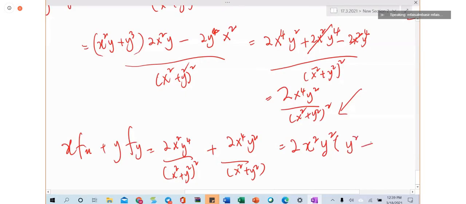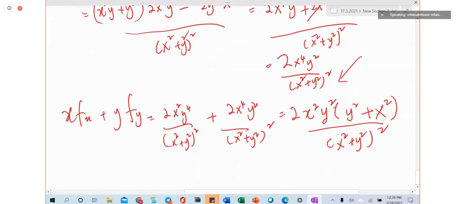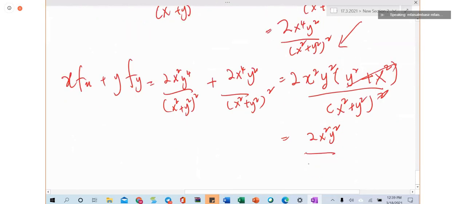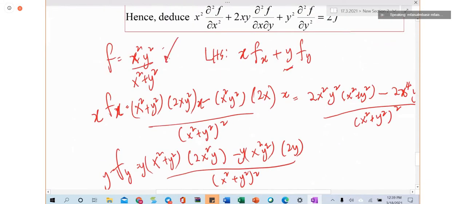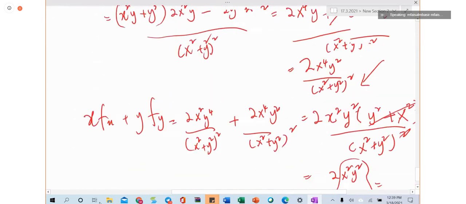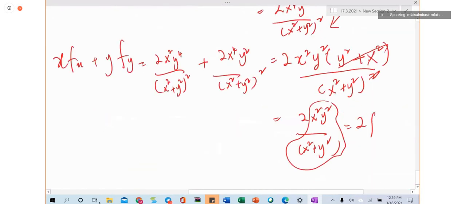Of y squared plus x squared over x squared plus y squared squared. So these are the same, right? They are the same, so you can cancel one, 2x squared y squared over x squared plus y squared. So I think this is f, right? Try to see the f. x squared y squared over x squared plus y squared. So this is 2f, shown.